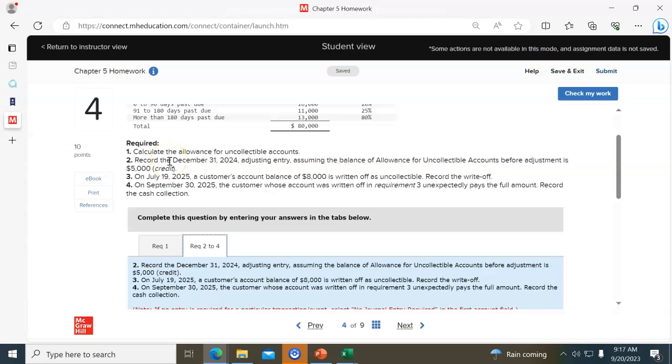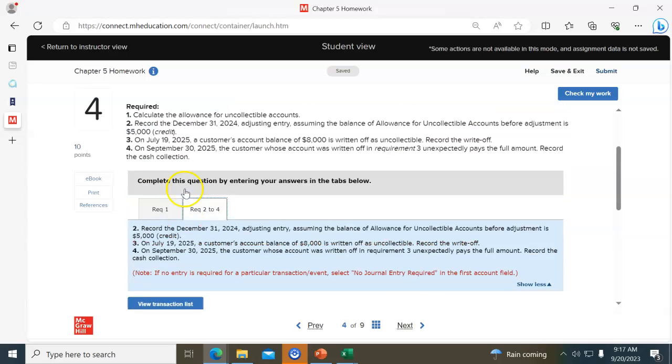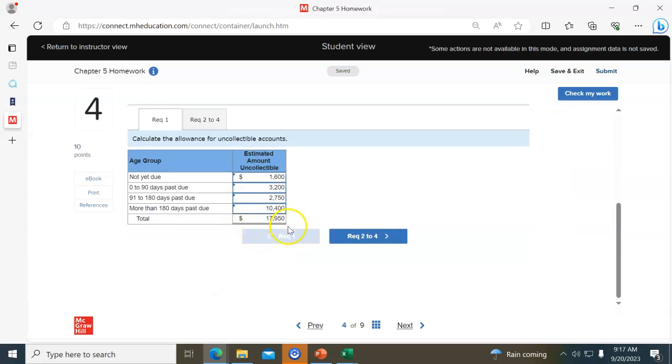Now it's asking me to record the December 31st, 2024 adjusting entry, assuming the balance of allowance for uncollectible accounts before adjustment is a $5,000 credit. So if it's sitting as a $5,000 credit, whatever we came up with here, $17,950, we have to remember there's a $5,000 credit up there, right?